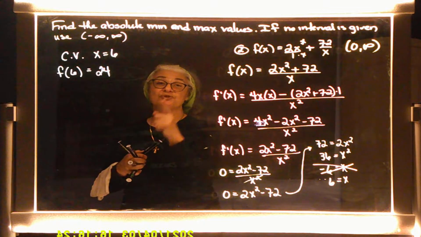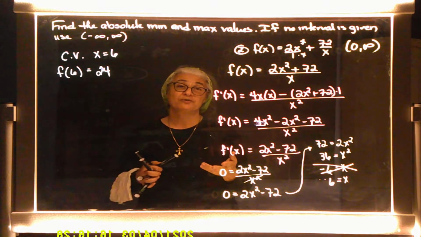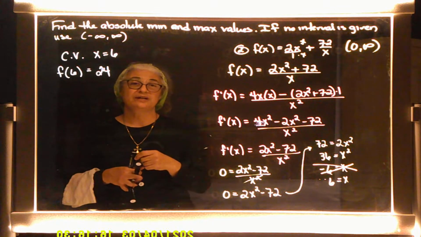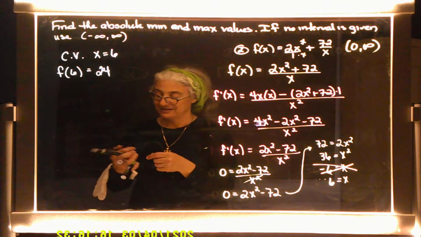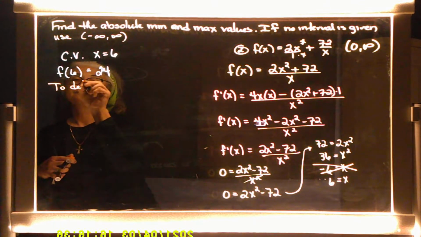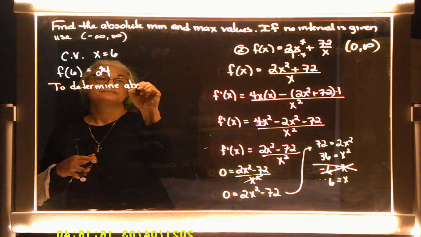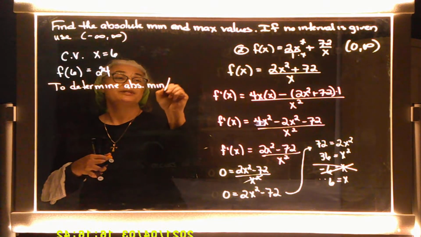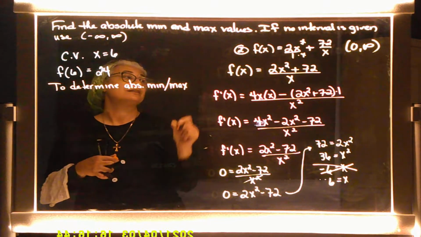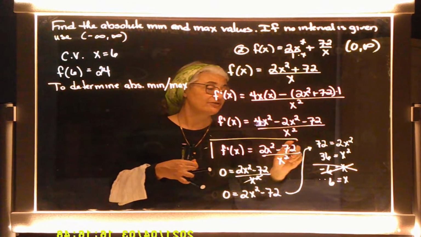All right, and now we have to determine if this is going to be an absolute min or max. By doing what? Yeah, I got to find that second derivative. Wasn't this a fun little problem? So, to determine the absolute min or max, my first derivative is right here.